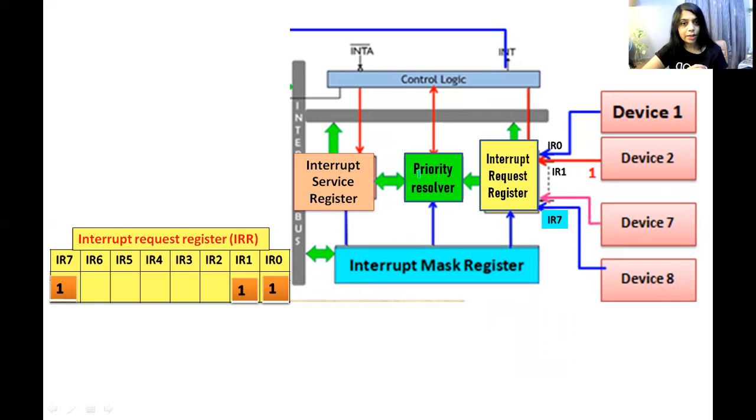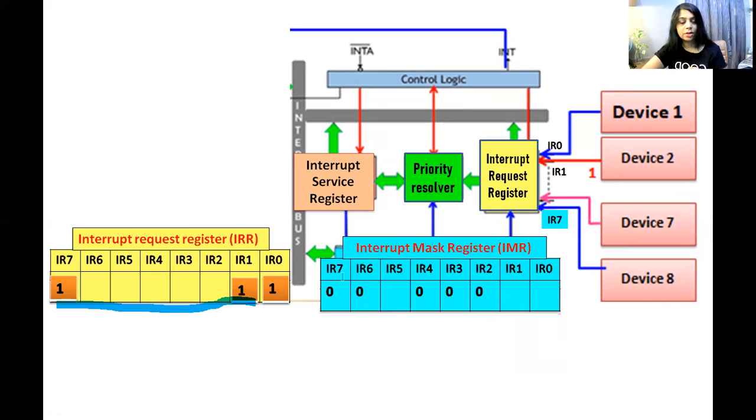So when priority resolver receives this information from interrupt request register, now it will check interrupt mask register. Now in interrupt mask register, these bits are 0. You can see here these bits are 0, IR2, IR3, IR4, IR6 and IR7. That means these are unblocked. That means these interrupts are enabled. But IR0 is 1.